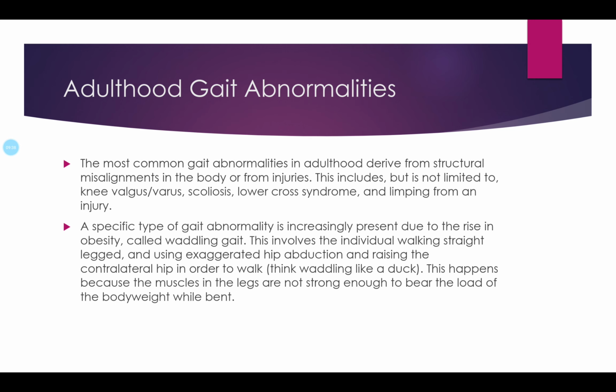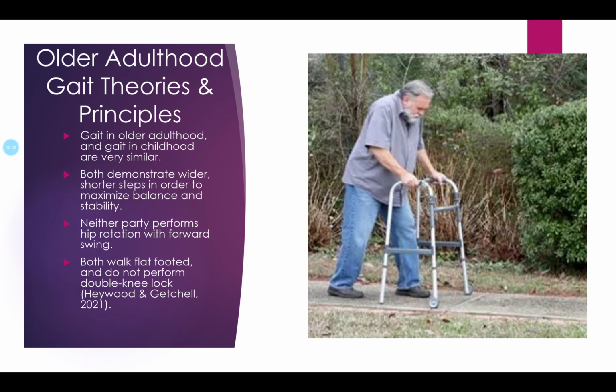This involves the individual walking predominantly straight-legged and using exaggerated hip abduction and raising the contralateral hip in order to walk. Think of it just like waddling like a duck. This happens because the muscles in the legs are not strong enough to bear the load of the body weight while bent, so they literally don't have the strength to support themselves to walk.